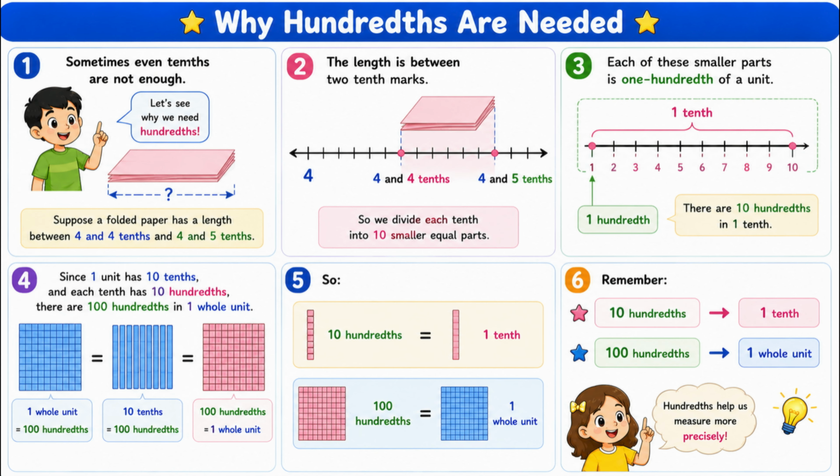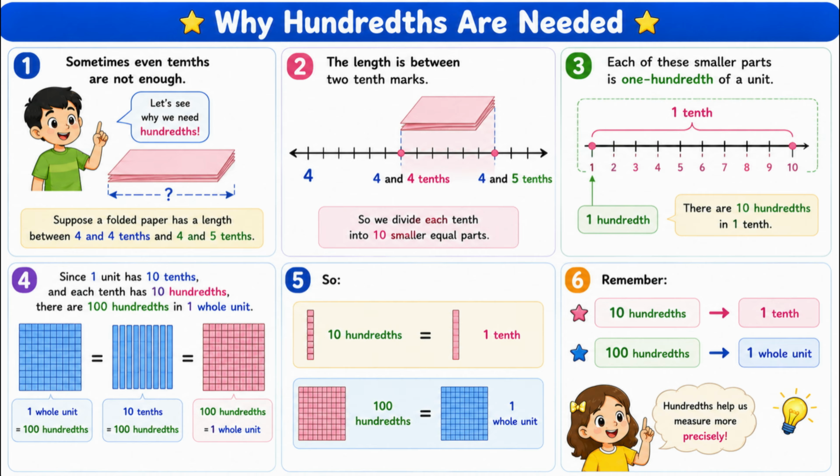Why hundredths are needed. Sometimes even tenths are not enough. Suppose a folded paper has a length between 4 and 4/10 and 4 and 5/10. The length is between 2 tenth marks. So we divide each tenth into 10 smaller equal parts.